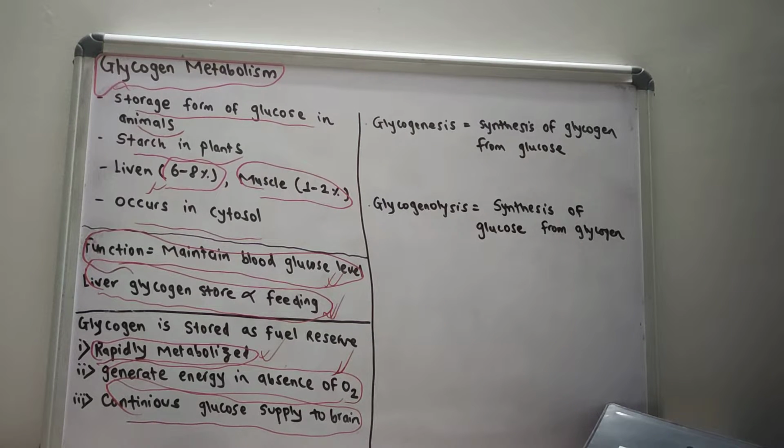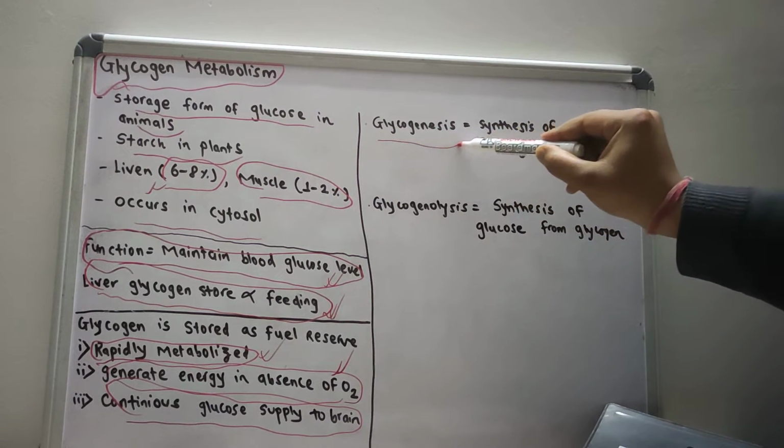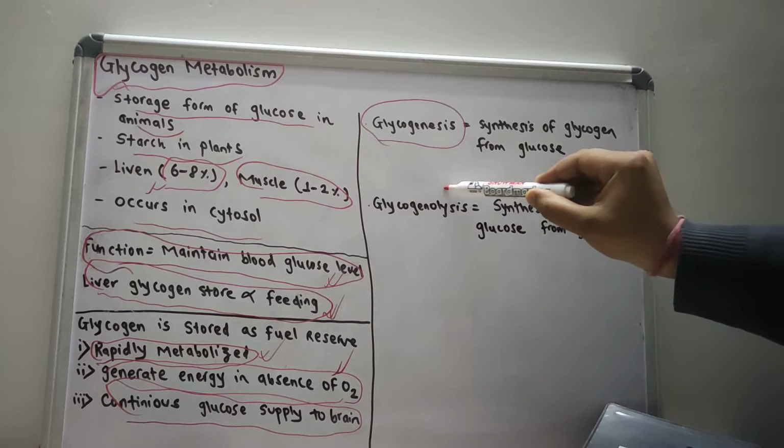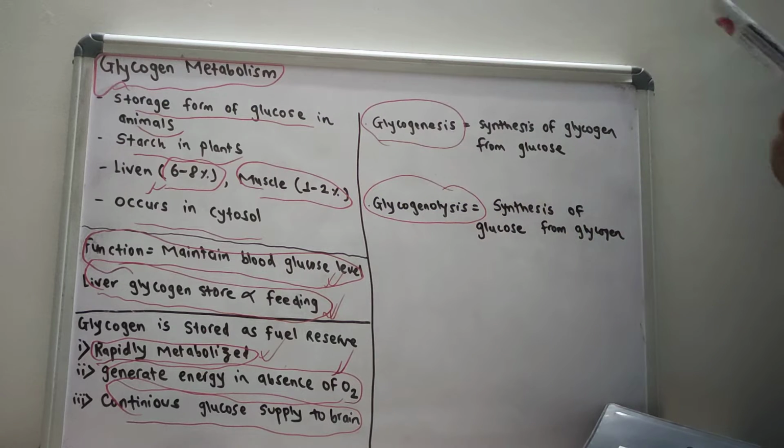In the following videos, we are going to discuss two main metabolisms of glycogen. One is glycogenesis and another is glycogenolysis.